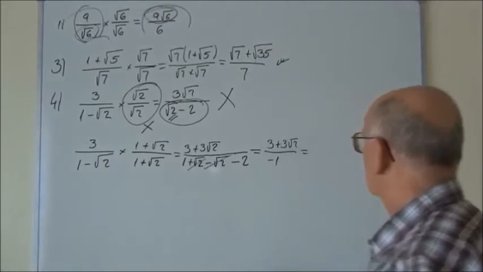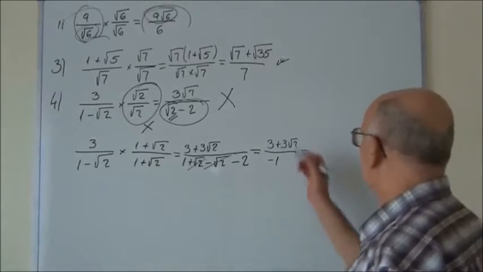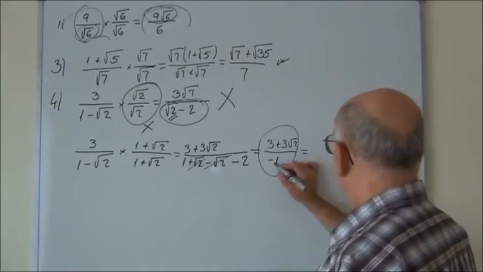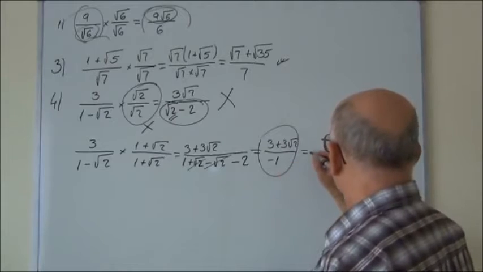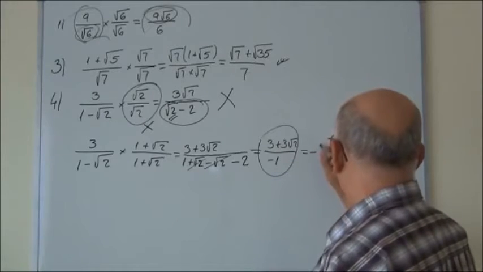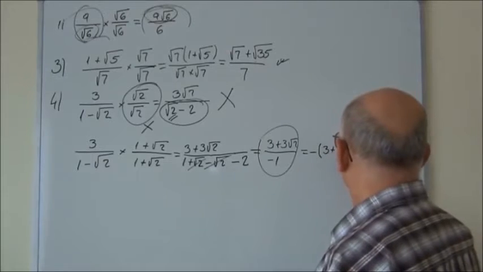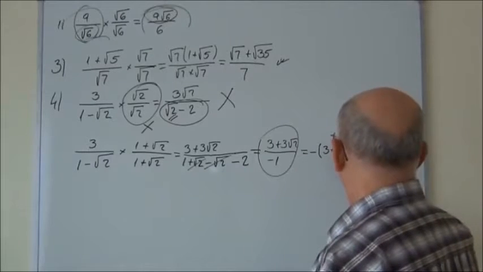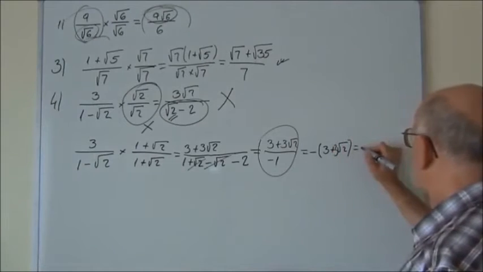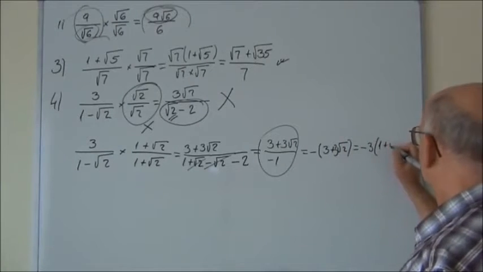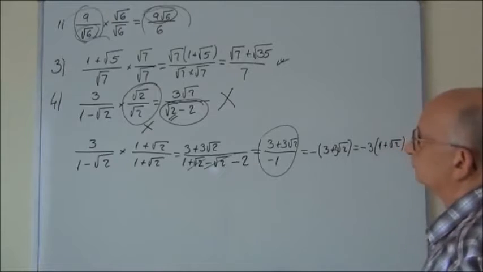Of course, this you can't leave like this, because in the denominator you have minus 1, so that is minus, and you may open the bracket and write 3 plus 3 root 2, or even better, minus 3 times 1 plus root 2.